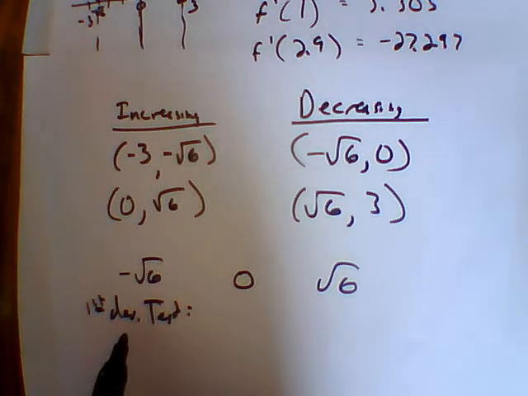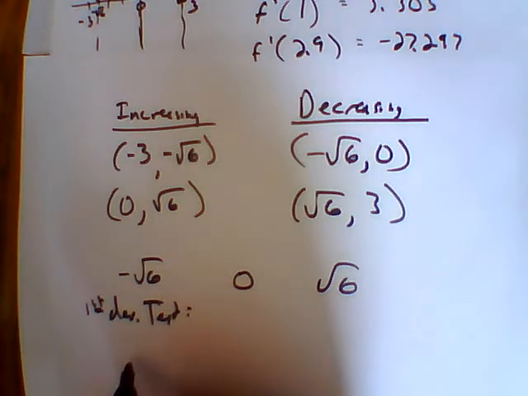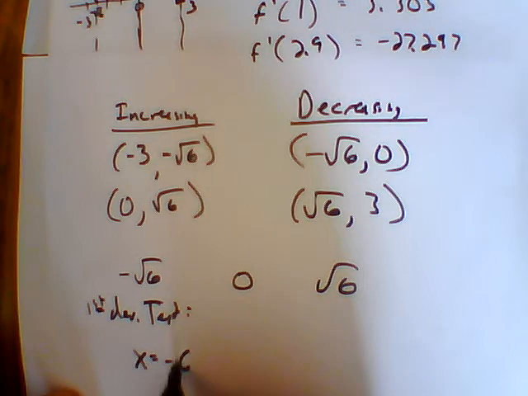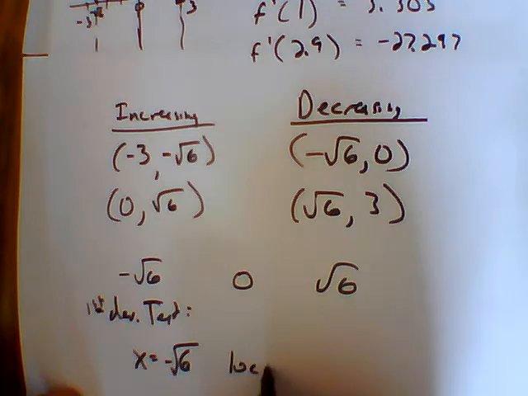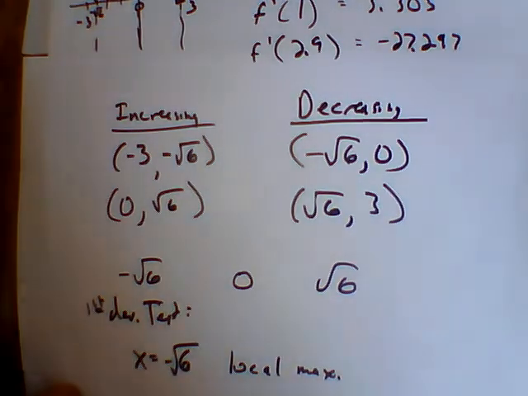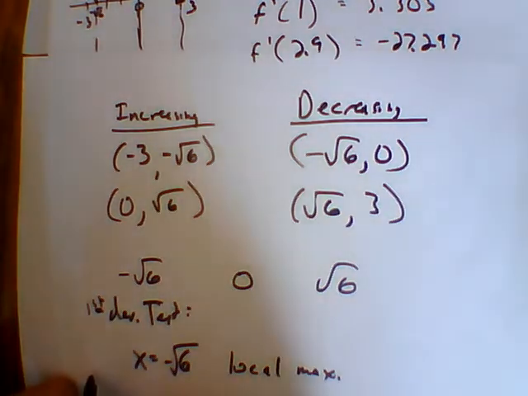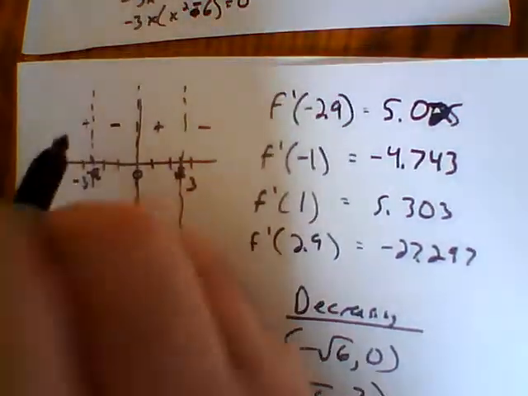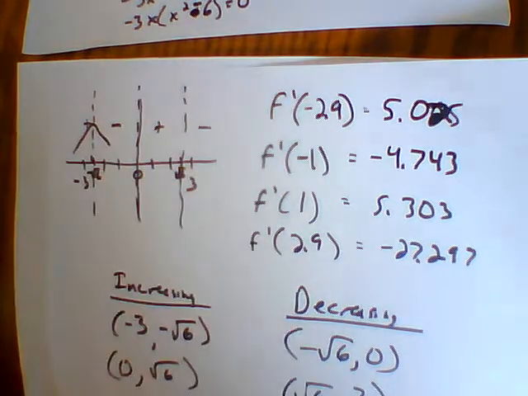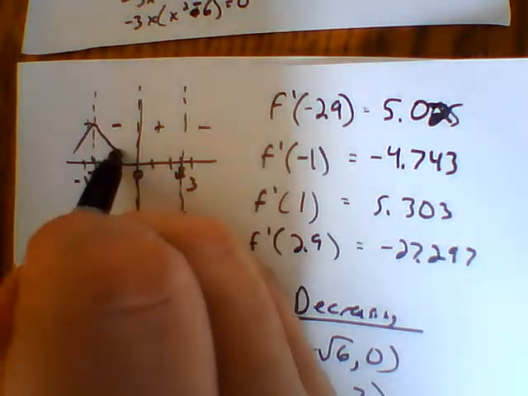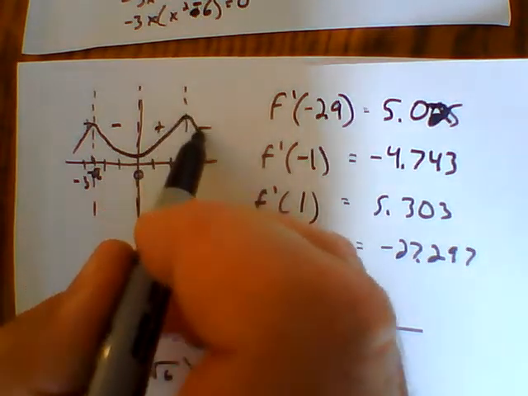What we would see is that when we're to the left of negative root 6, we have a positive slope going to a negative slope. So when x equals negative root 6, we would see a local maximum right here, because we have an increasing slope and then it starts decreasing.